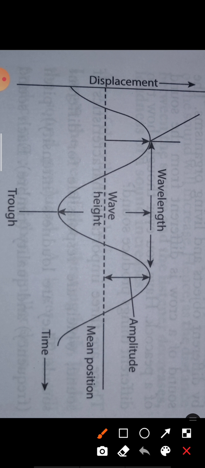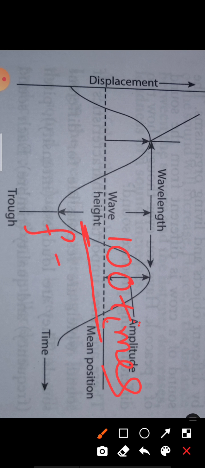In one second, how many times my vocal cord is vibrating is the frequency of my vocal cord. Suppose in 1 second my vocal cord is vibrating 100 times. So the frequency of my vocal cord is 100.